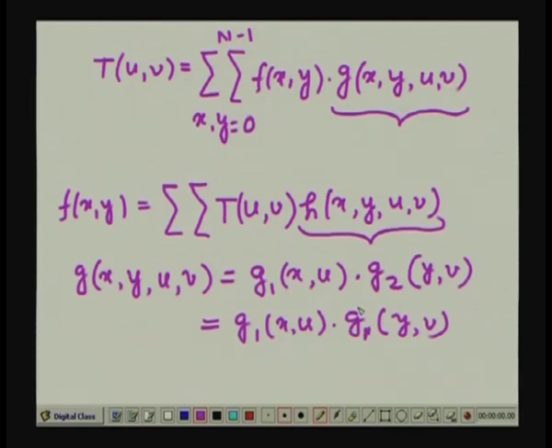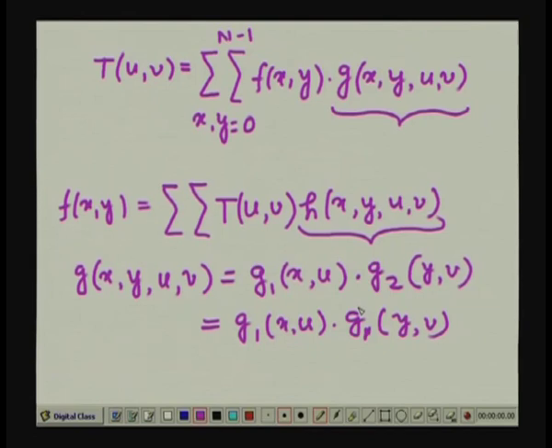In that case this class of transformations will be separable obviously, because g(x,y,u,v) we have written as a product of two functions g1(x,u) into g2(y,v), and since g1 and g2 are functionally the same, I can write this as g1(x,u) into g1(y,v), and in this case the function will be called symmetric.